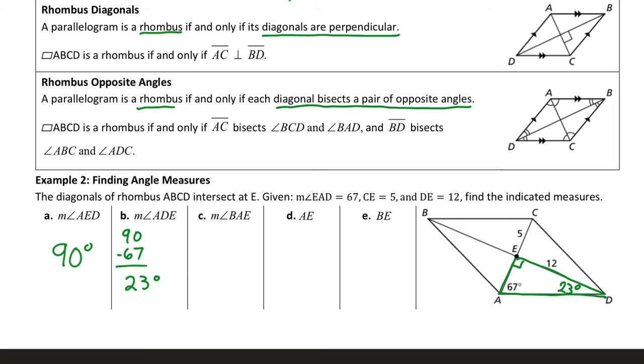The final one, BAE, I'm going to use a different color, blue. BAE is this angle right here. Since diagonals bisect the angles of a rhombus, BAE is also 67. And then for the final two measures, AE and BE, we remember that a rhombus is already a parallelogram, so diagonals bisect each other, which makes AE have a measure of 5 and gives BE a measure of 12.